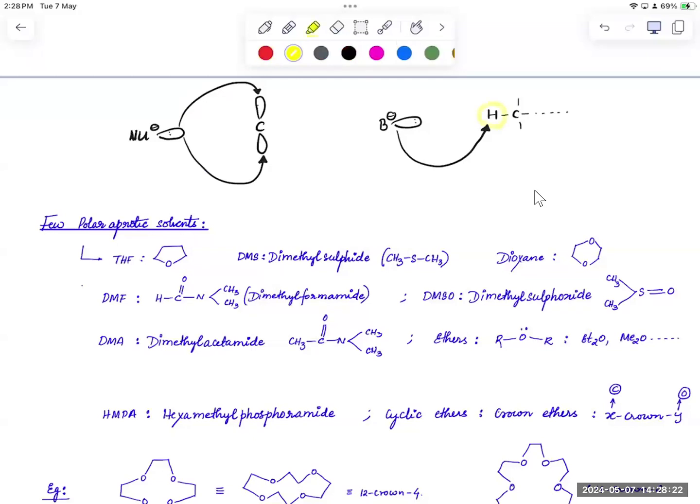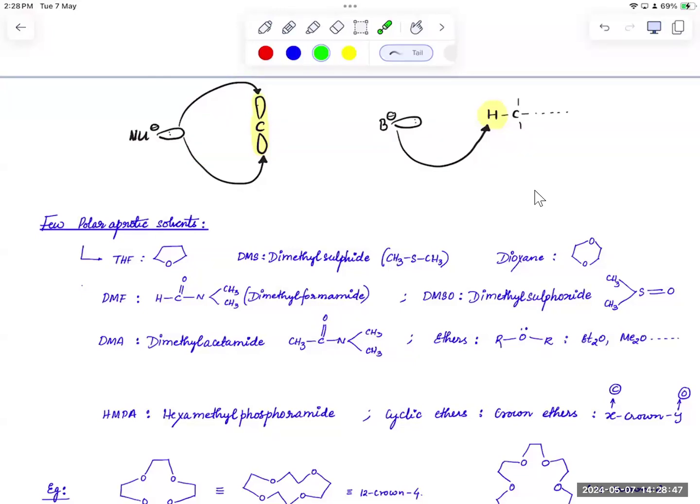Now notice this, hydrogen is always spherical. While when it comes to a nucleophile, it has to attack only from a certain angle, because a nucleophile can only make a bond with carbon if and only if it comes this way, in this particular direction. If it goes in any other direction, there will not be any bond formation.